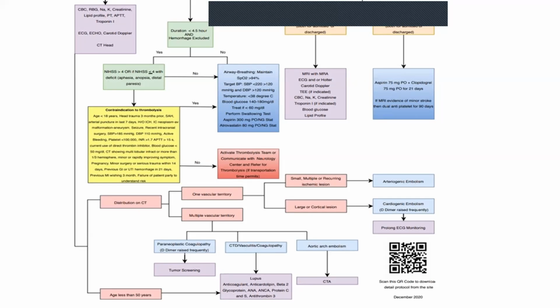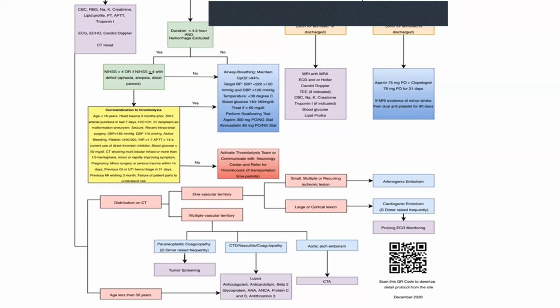Then saturation should be more than 94%. Target BP should be maintained at less than 220/120 mmHg, temperature less than 38 degrees centigrade, and blood glucose between 140 and 180 mg/dL.